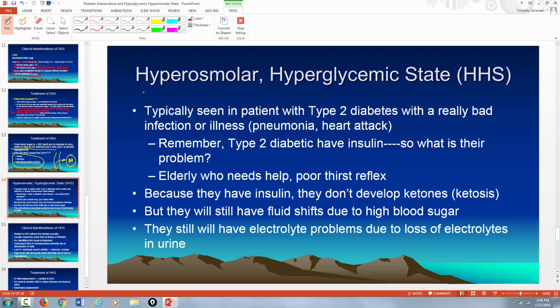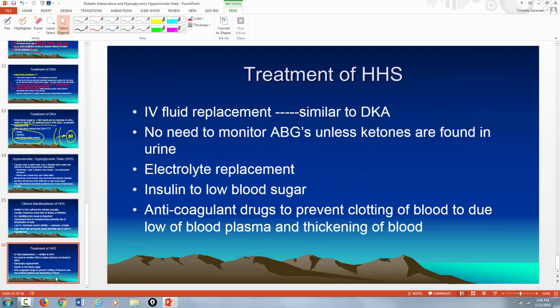So again, in many respects, the treatment for HHS and DKA are similar, right? You want the IV fluid replacement, similar to DKA. There really shouldn't be a need to monitor arterial blood gases unless they're really in trouble, like there's a lot of extenuating circumstances that are causing the liver to start dumping acids into the blood. And then again, aggressive management and assessment of their electrolytes.